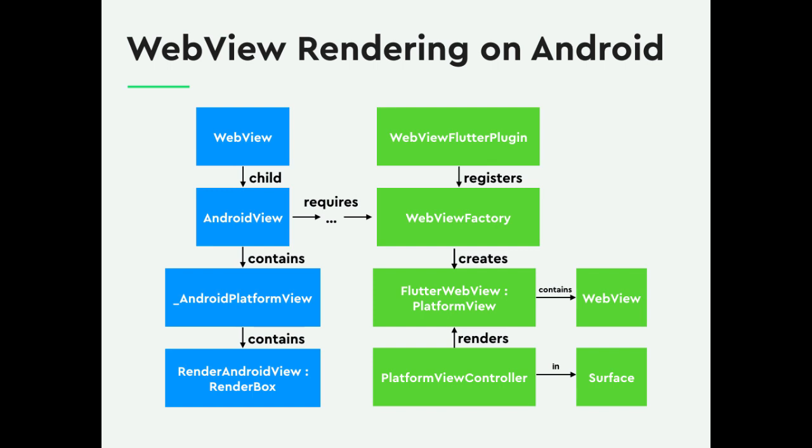And as you can see, we have a pattern here. We have our WebView being rendered in a surface. We now have something we can render on the Flutter side. So the render view, in this case, is going to draw whatever is in the surface, those contents, in the RenderAndroidView, and then display it on the screen.